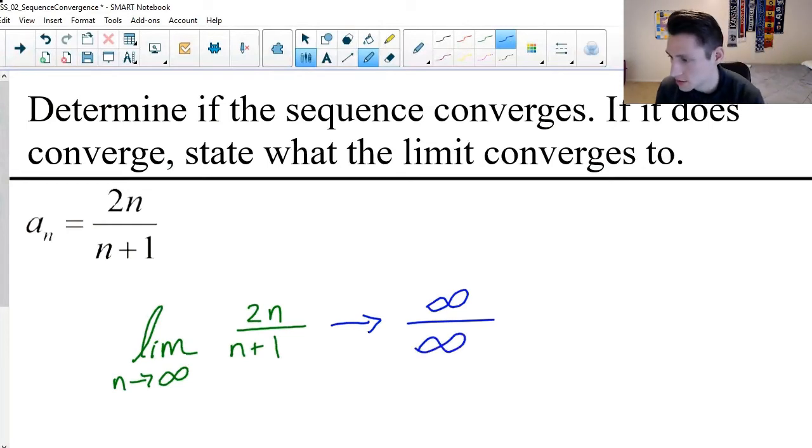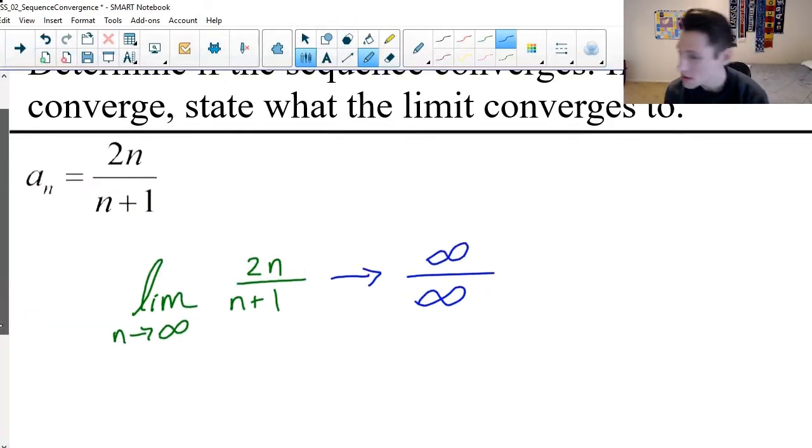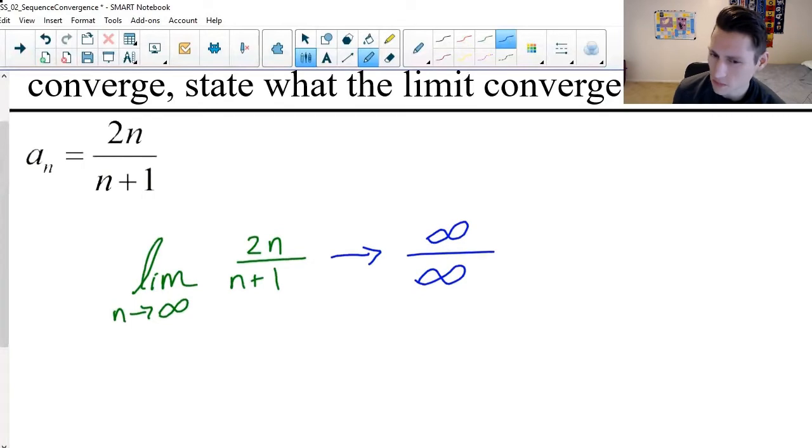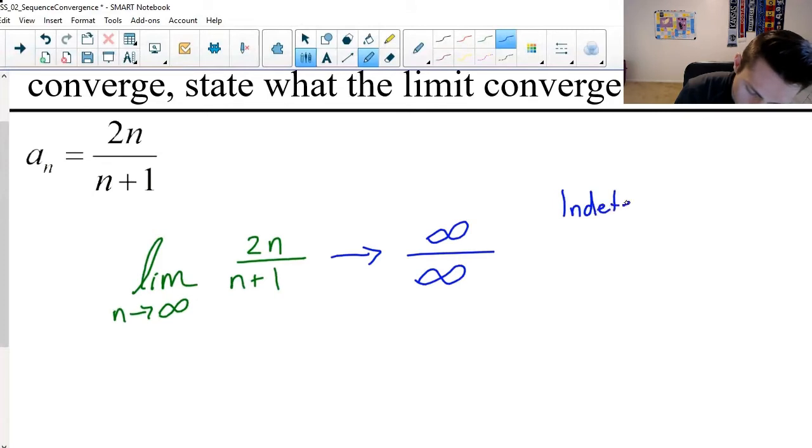So this would be approaching infinity over infinity. But of course, you remember what we need to do whenever we get infinity over infinity, which we also remember is called an indeterminate form.